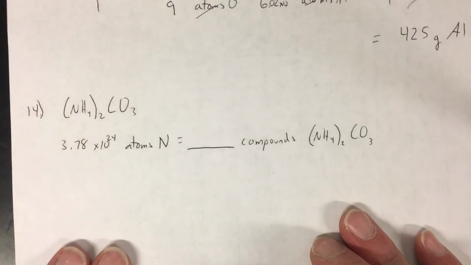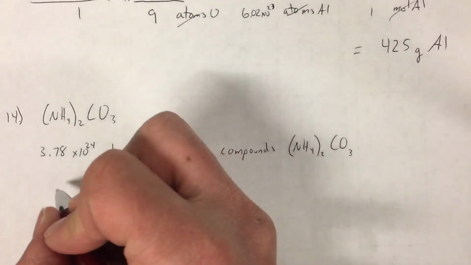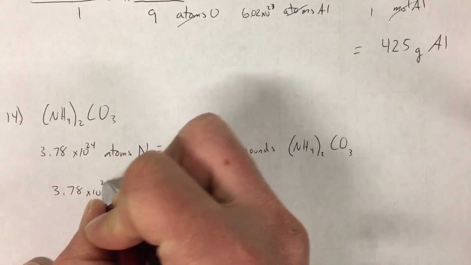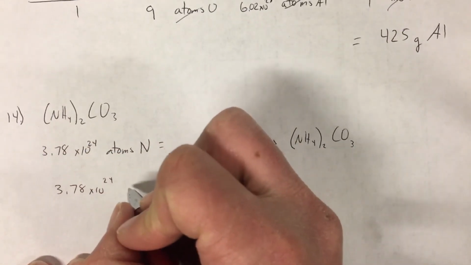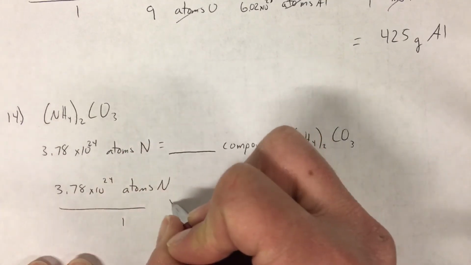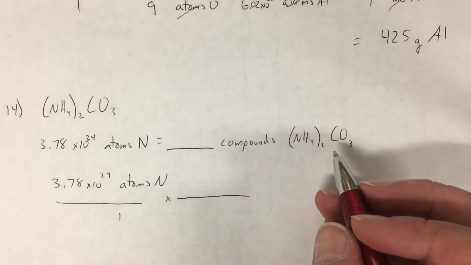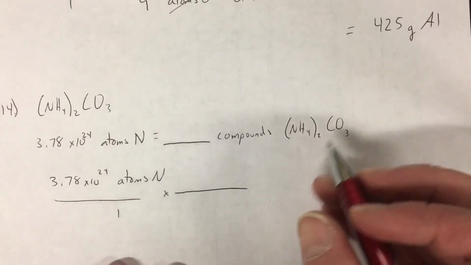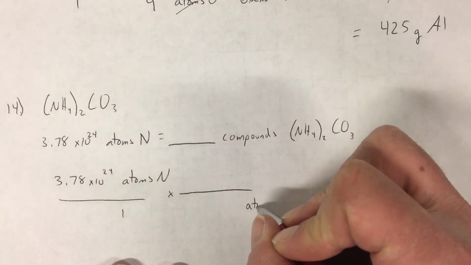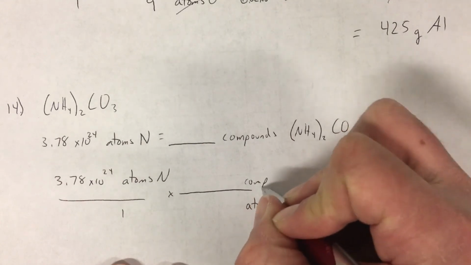And the last one I'm going to do is number 14. This one's actually a pretty short one. We're given atoms of nitrogen, and we want to get to compounds of the ammonium carbonate. All we have to do is use that ratio from the formula, because we can put down atoms of nitrogen in a compound.